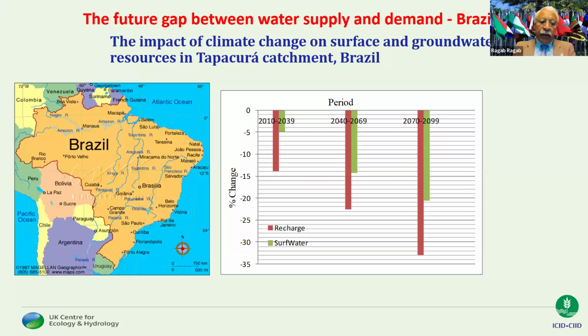Another two catchments in the northeast of Brazil, in the area of Fortaleza or Recife, which is a semi-arid part of Brazil, indicate there is a reduction in the groundwater recharge and the surface water over time, and that is an alarming sign that we should save more water.